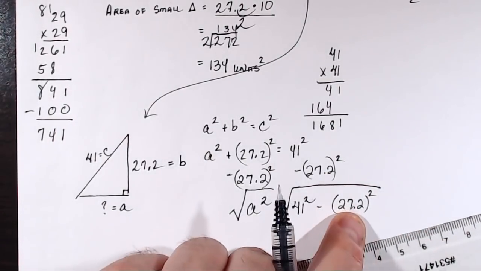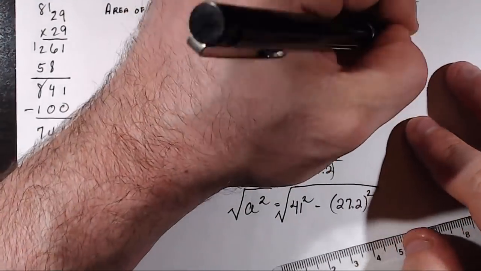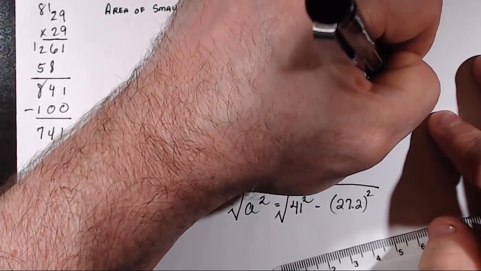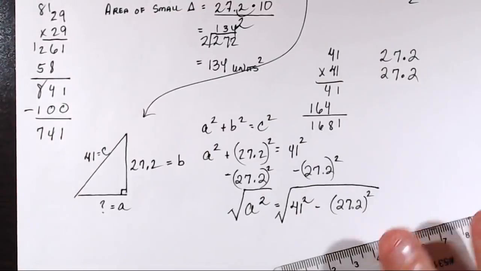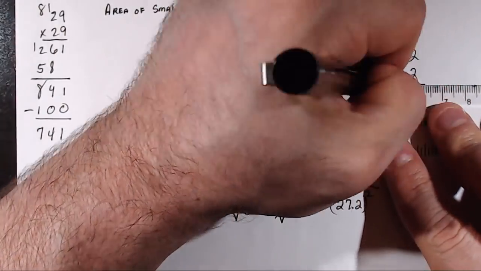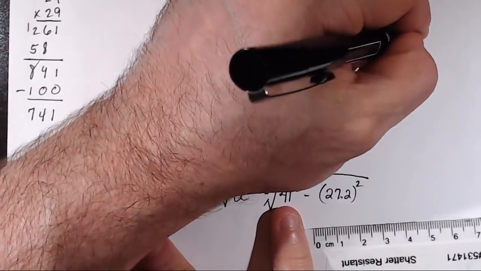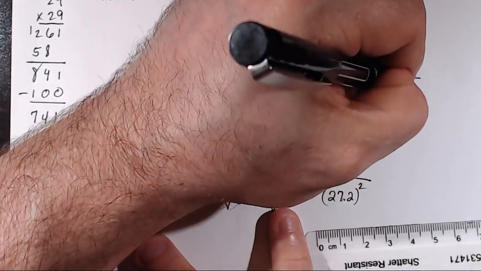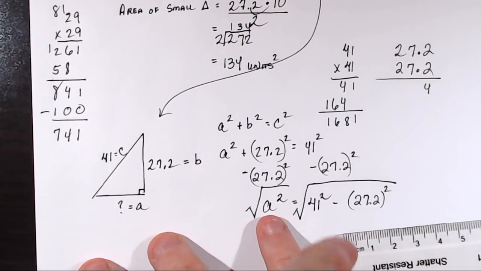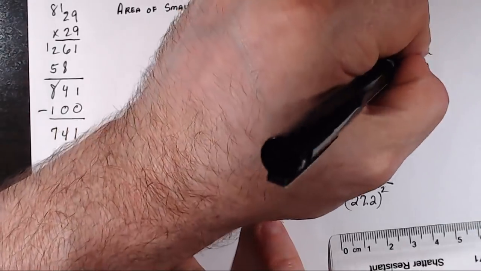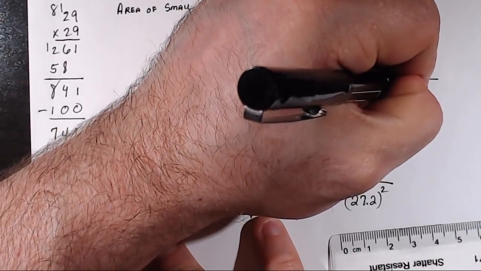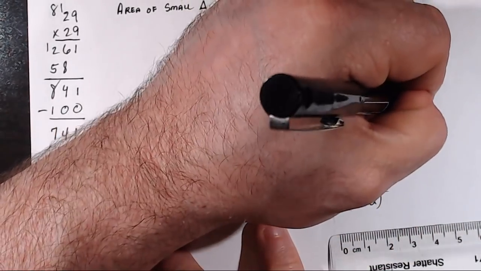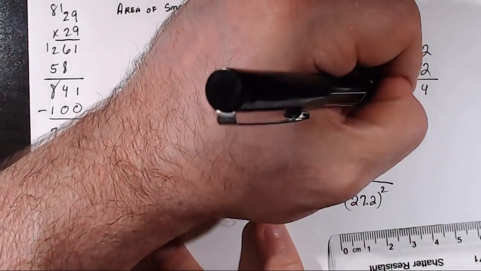Okay, now how about 27.2 squared? Well, it's been many years since I've done this, but let's do that by hand. 27.2 times 27.2. Now I'm going to deal with this as if it's a 3-term multiplication. 7 times 2 is 14. 2 times 2 is 4 plus 1 is 5. 2 times 7 is 14. 7 times 7 is 49 plus 1 is 50.